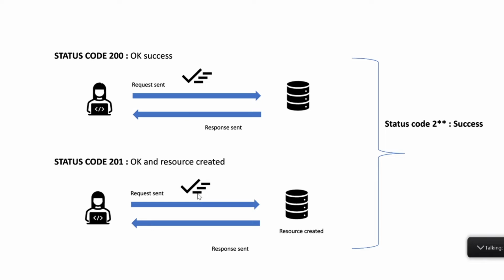That was done and it sent you back a 201 code. So the difference between codes 200 and 201 is that the 200 is just letting you know that your request was successfully processed and you likely received a response, and the 201 gives you extra information by letting you know that a resource was created.